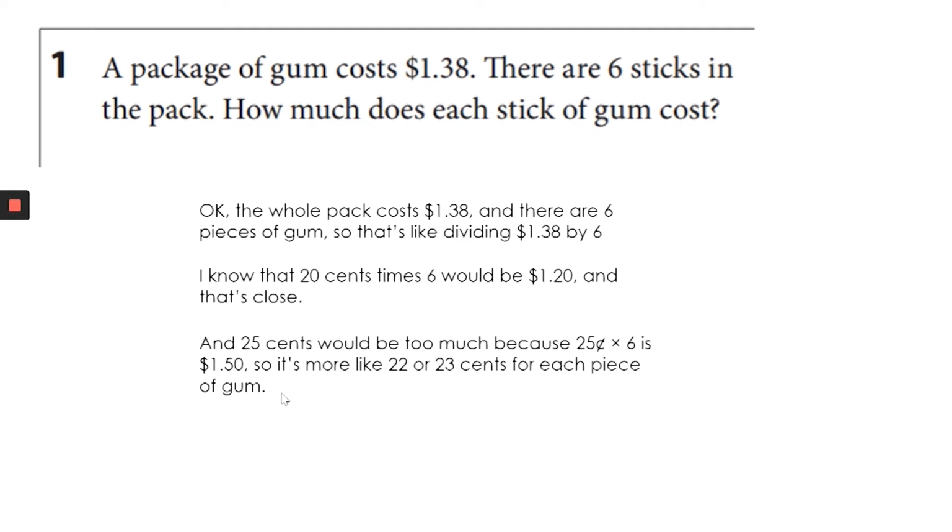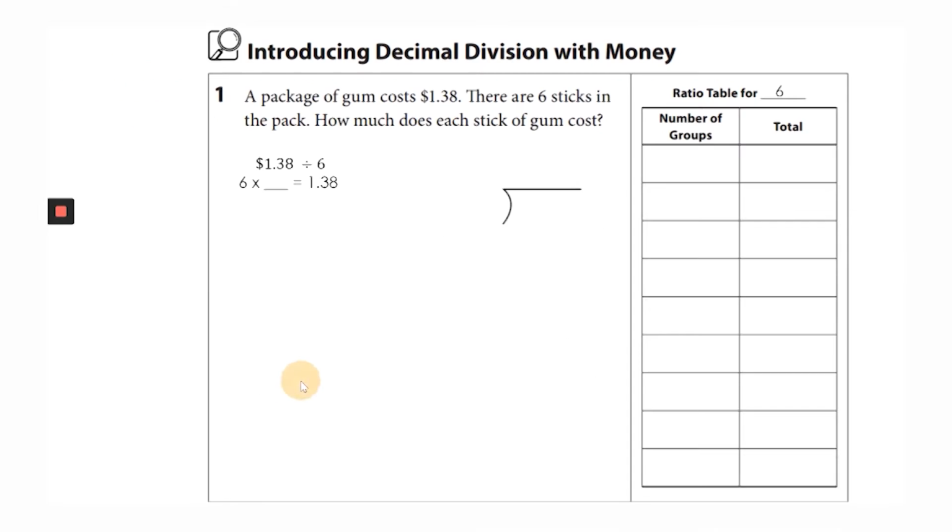So it's more like 22 or 23 cents for each piece of gum. Here's my estimate: $1.38 divided by 6 is about equal to maybe 22 cents or 23 cents. Let's keep that in mind as we work through the problem because it's going to help us make sure that our answer is reasonable in the end.